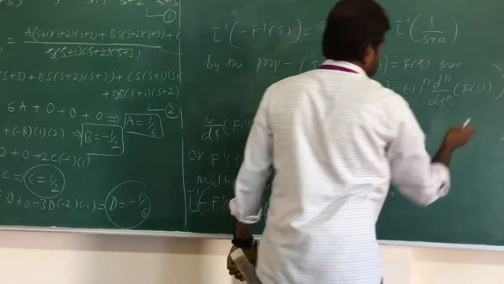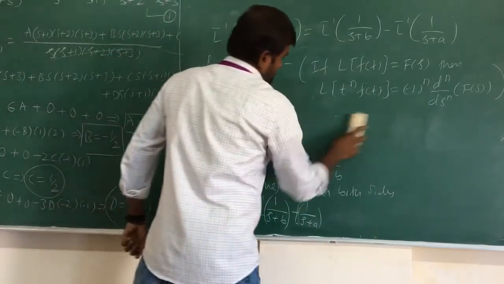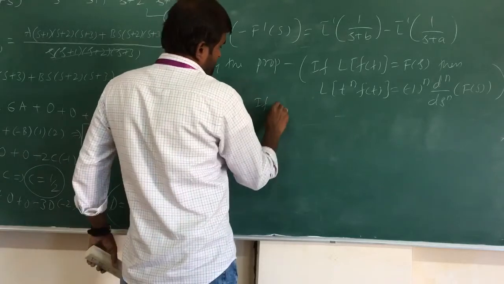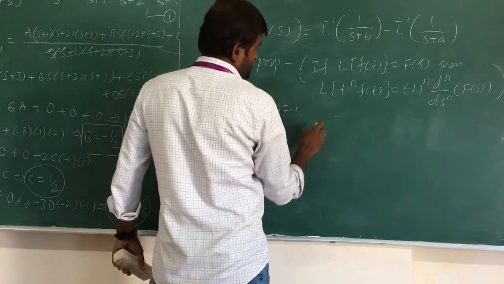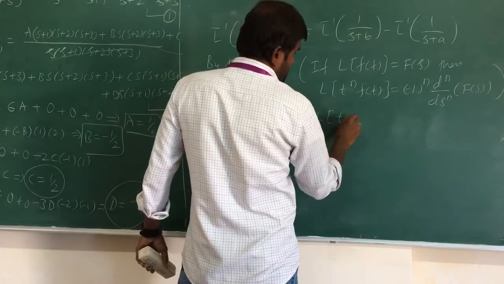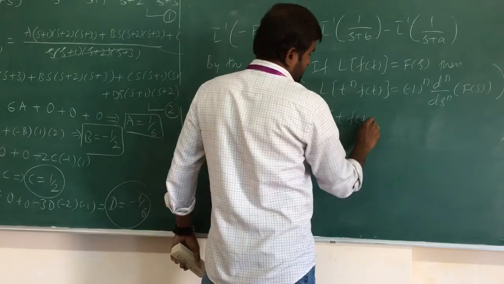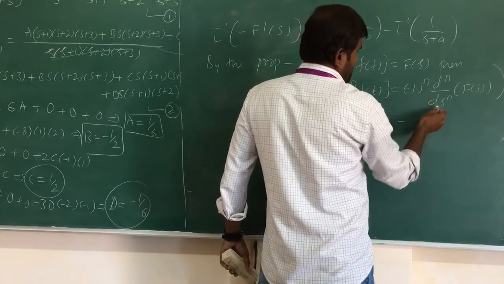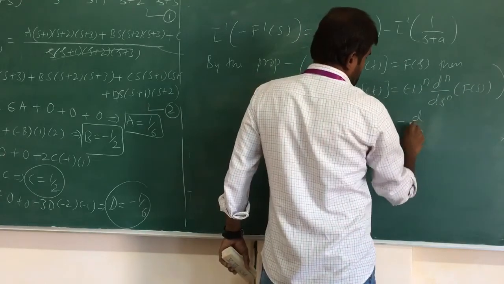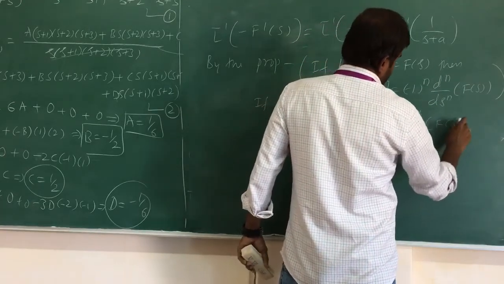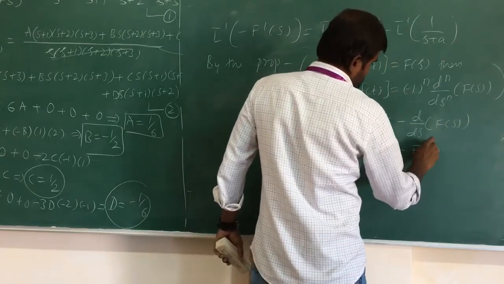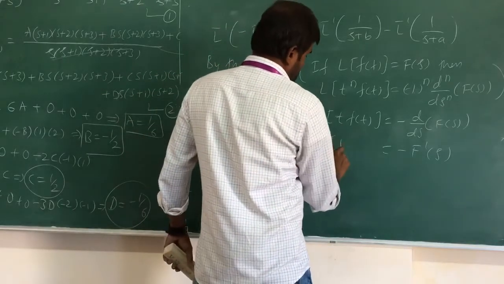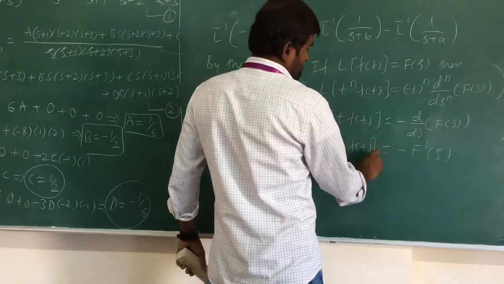Using this property, if n equals 1, L of t into f of t equals minus 1 raised to 1, d by ds of f of s. So it is equal to minus f dash of s.